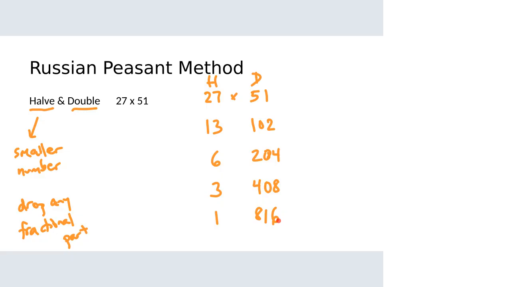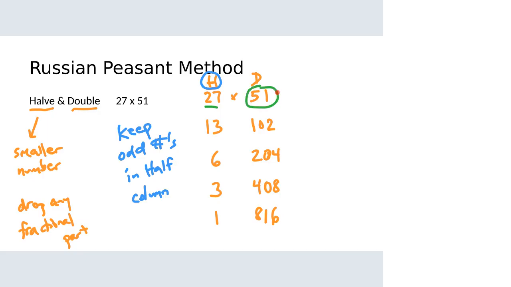What we are going to do is look in the halves column, and keep anything that has an odd number. So anything that has an odd number in the halves column, we're going to keep that. So we're going to keep the 27, which means we want the 51, really. That's an odd number, so we're keeping the 102. That's even.